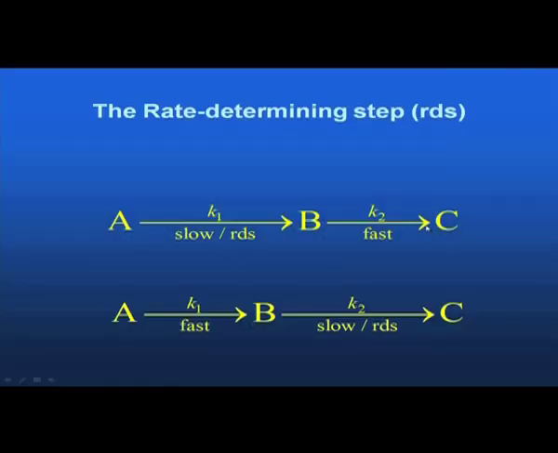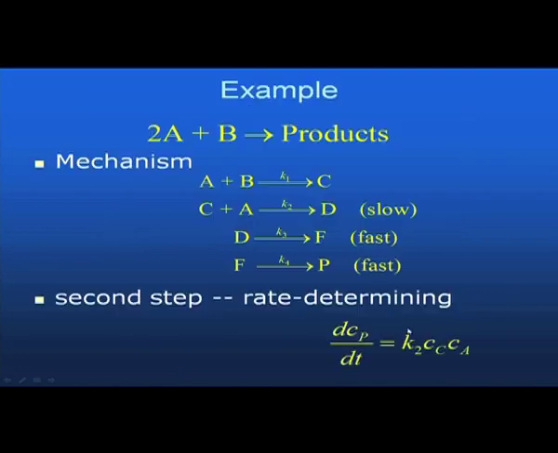So, A to B to C, this first step is the slower one, so it is called the rate determining step. The situation can be different, that is, A to B is fast and B to C is slow, or the RDS.